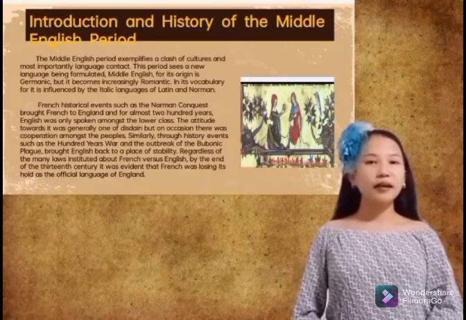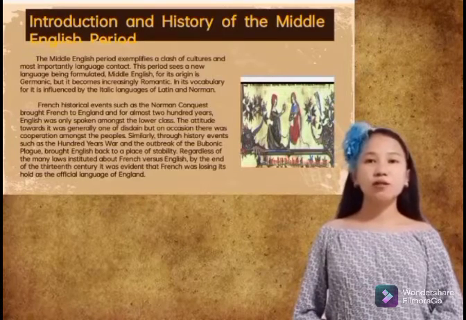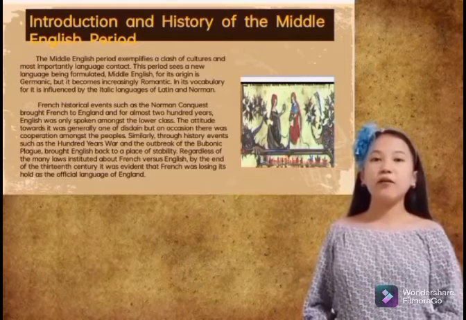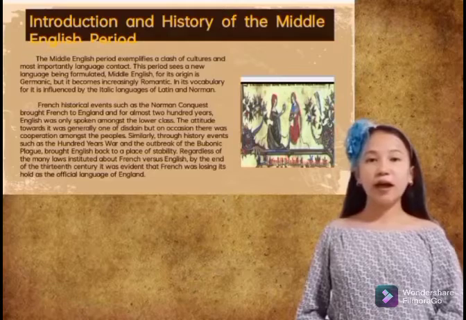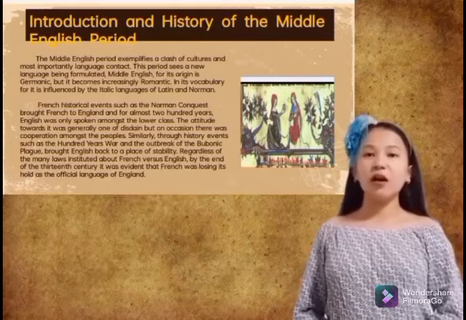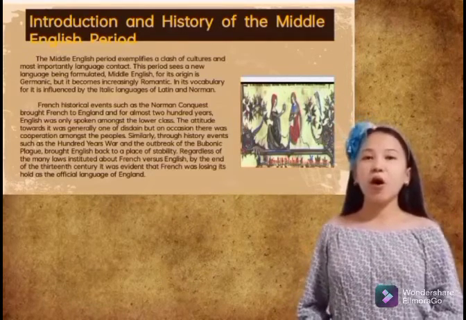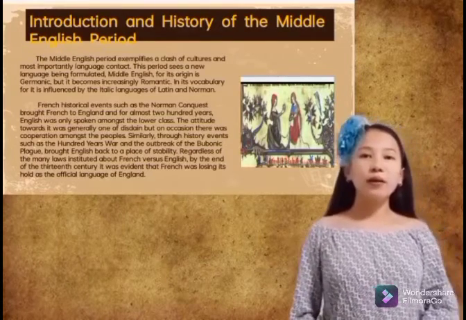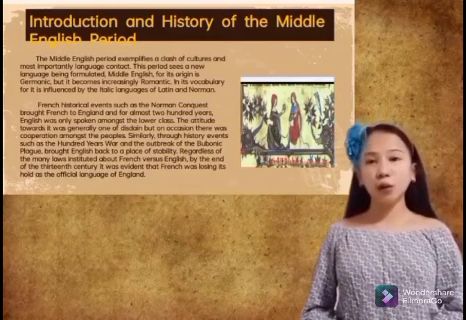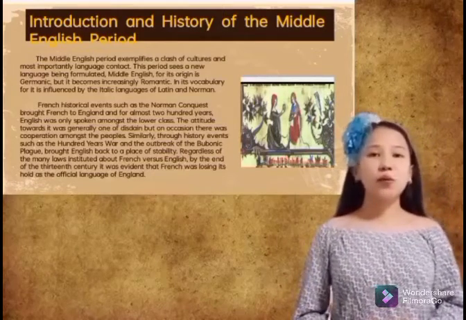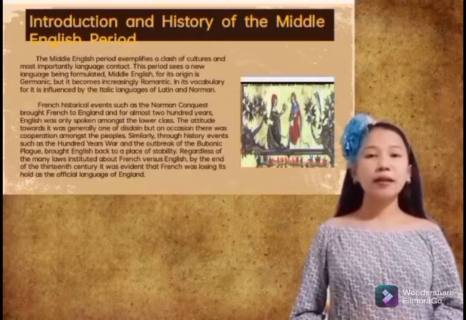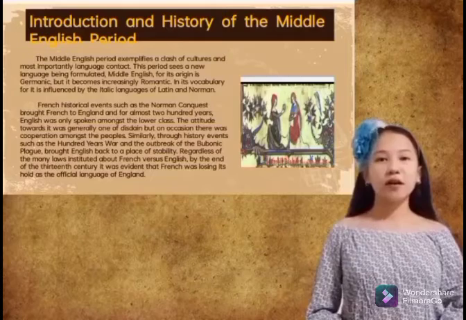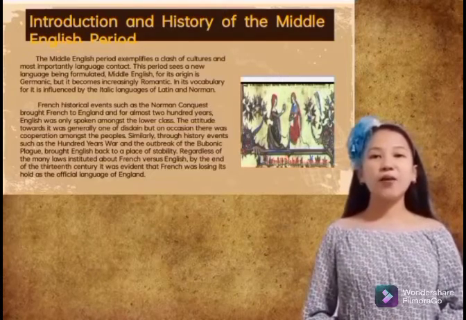The term Middle indicates that the period was a transition between Old English, which was grammatically very different from the language that followed, and Early Modern English, which in pronunciation was different from what had come before, but was much the same as our own. The two dates coincide approximately with some events in English history that had profound effects on the language.